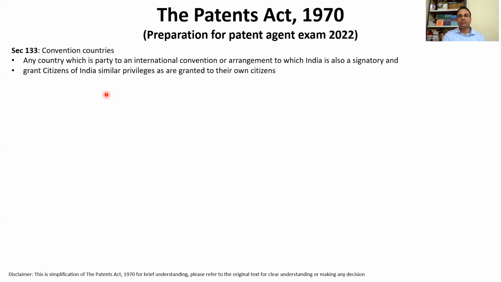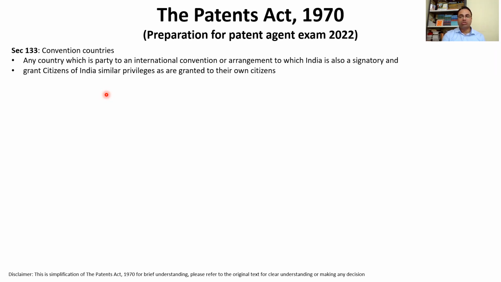So there has to be a party to the international conventions, where India is also a signatory. And the most important part is that there should be equal reciprocation from their side. I mean, if a person from India files a patent in their country, they should provide equal protection as they are providing to their own citizens.